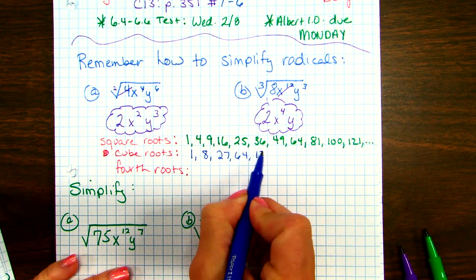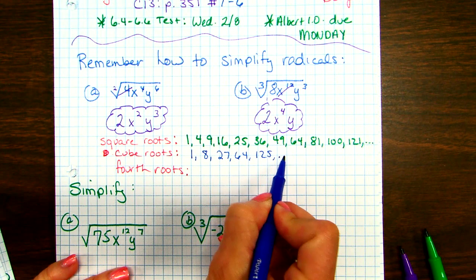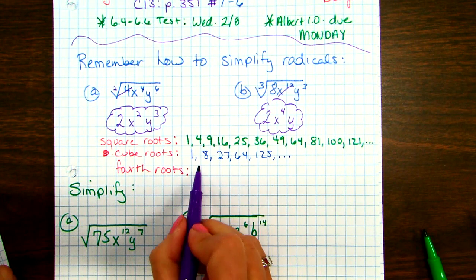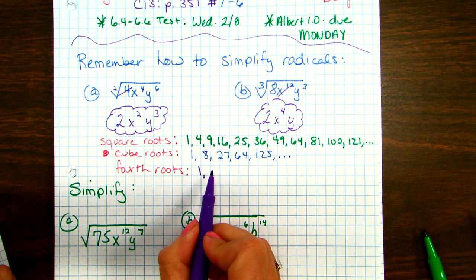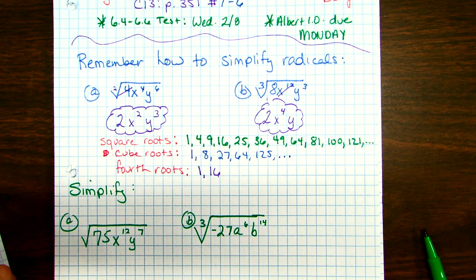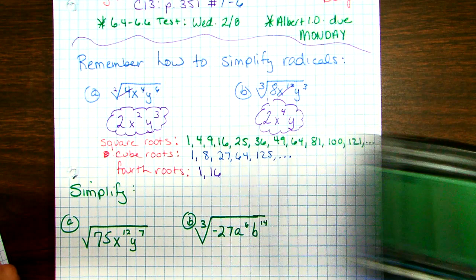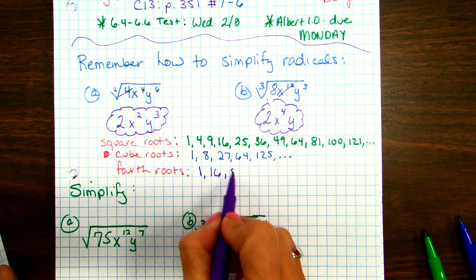These are pretty much the only ones you ever see. Can it go higher? Yes, but those are the pretty common ones. And fourth roots, we don't go very far with those at all. 1 times 1 times 1, 2 times 2 times 2. I don't even know what the 3 is. 3 times 3 times 3 times 3, 4 of them, is 81. So we get to 81 really quickly.